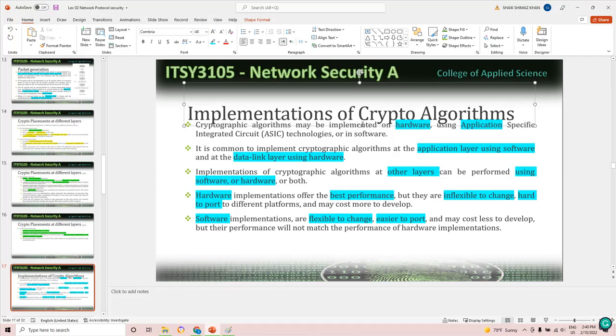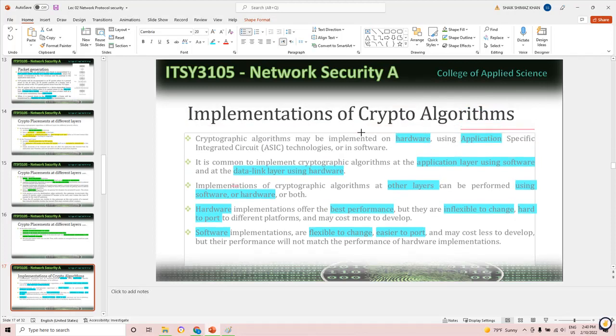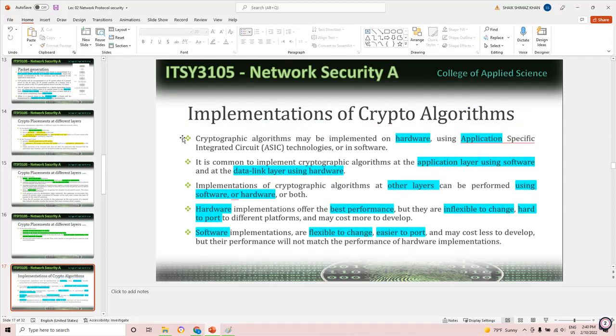Remaining part algorithms can be implemented using hardware or software. They can be implemented at the hardware level, or they can be developed and implemented using software.